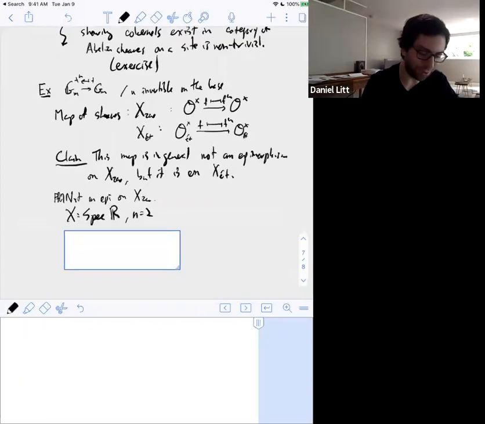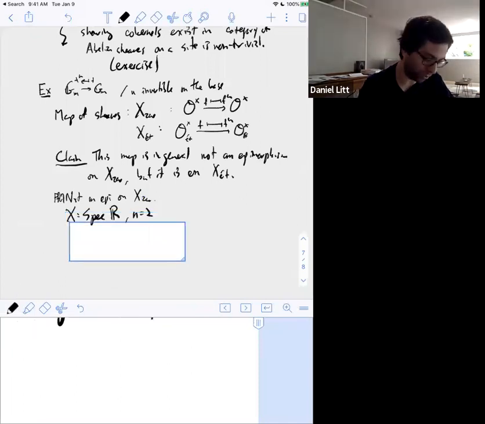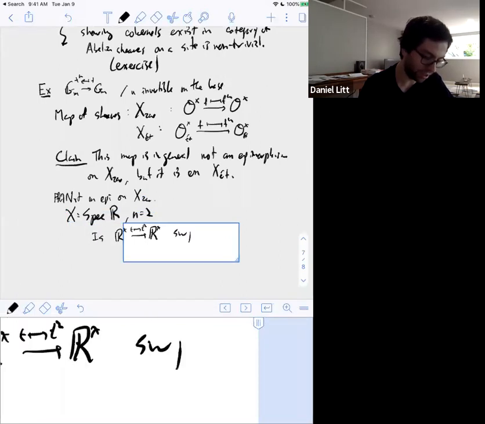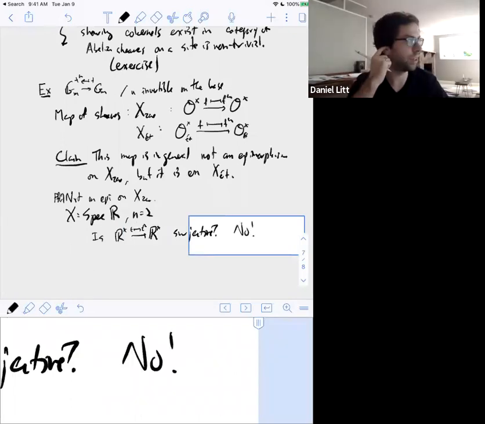So then this is just a point, right? So a sheaf is just determined by its values. So then we're just asking if R cross to R cross, t maps to t squared, is surjective. Okay, and the answer is famously no. The image of this map is just the positive numbers.